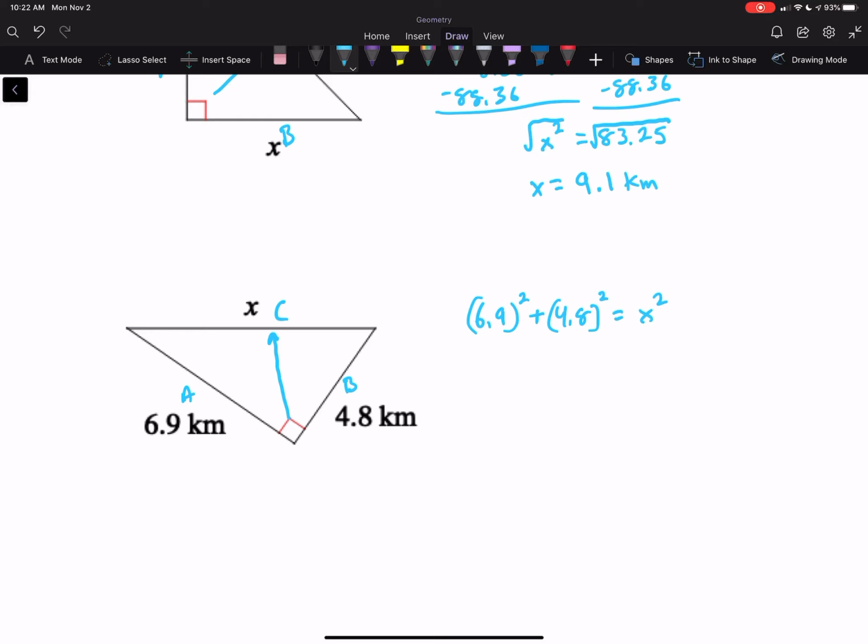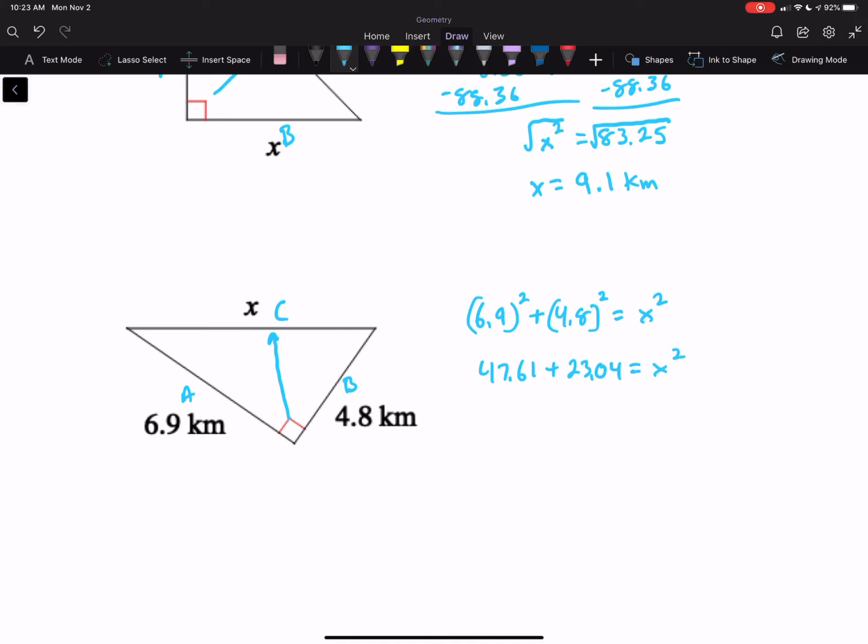I don't know what these are, so 6.9 times 6.9, or use your square button, is 47.61. 4.8 times itself is 23.04, equals x squared.